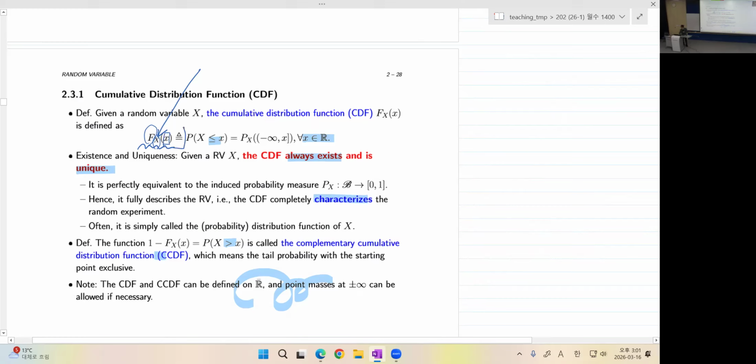It is defined as the probability of the event that capital X is less than or equal to little x. What does that mean? In terms of the induced probability measure, capital P sub capital X is the probability of the Borel set from negative infinity to x. In terms of the probability measure, we have to write it this way.